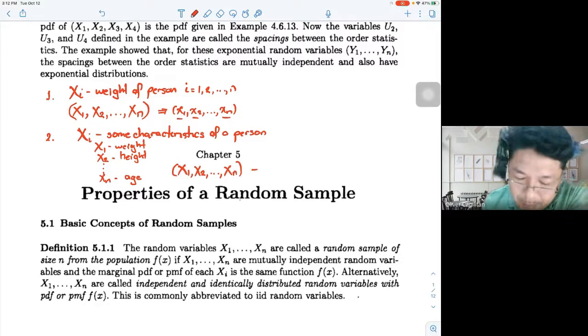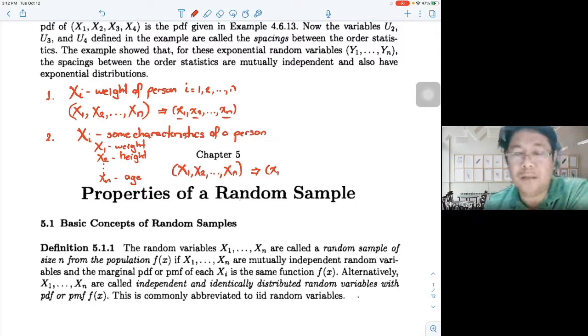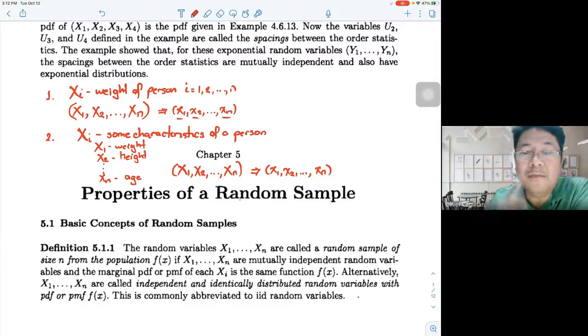This implies that we can obtain the n observations: small x sub 1 for the weight of that person, small x sub 2 for the height of that person, and so on, and small x sub n for the age of that person. So in this way of obtaining the n observations, the random variables x sub i are not independent.